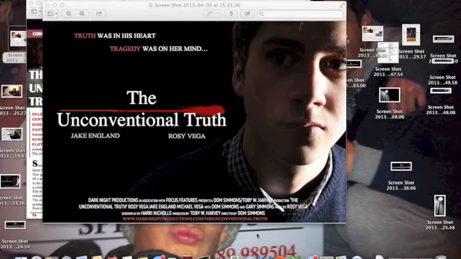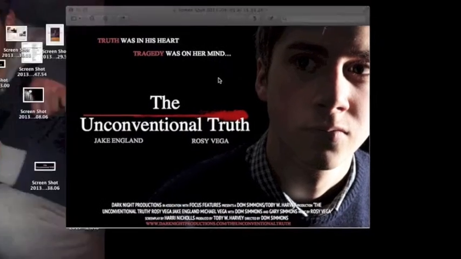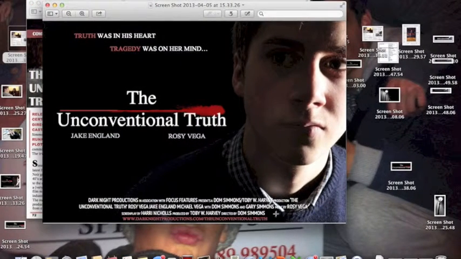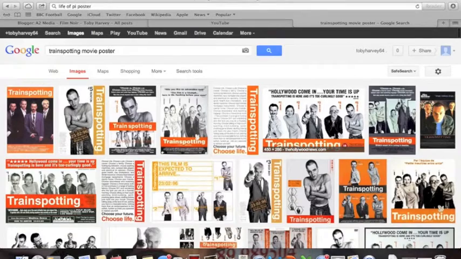For my poster, I decided to do it landscape in the end, which is quite unusual for a film poster, or just any poster really, because there aren't many. But I did manage to find one or two that were also landscape, like the Trainspotting one.